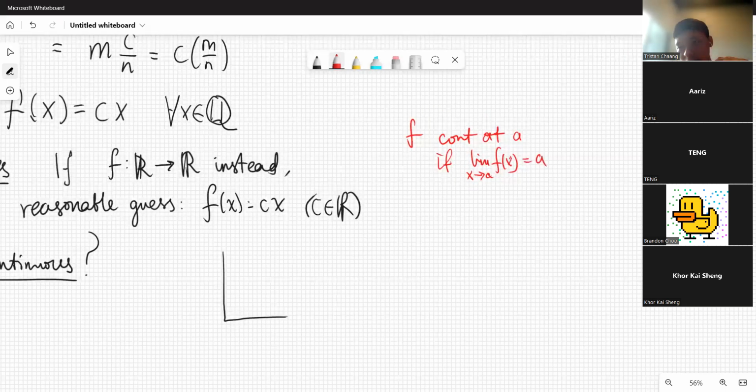Okay, so there's a lot of definitions here. But everyone's definition is more or less something to do with limits, which is okay.